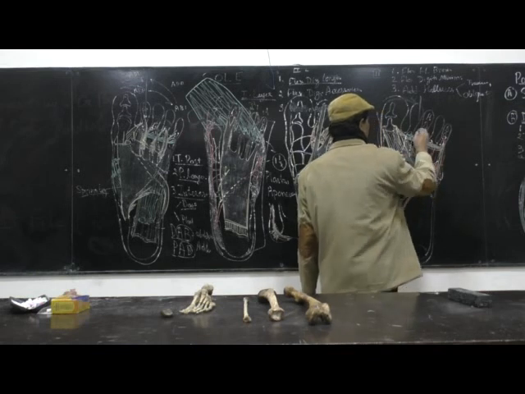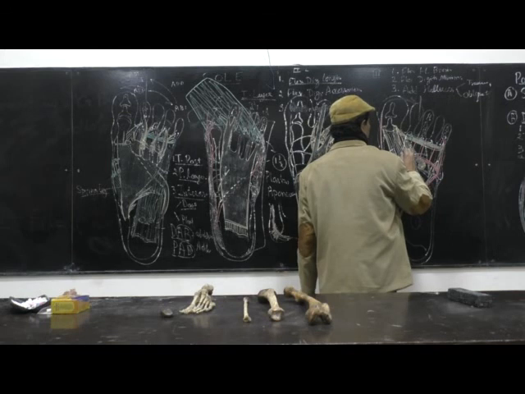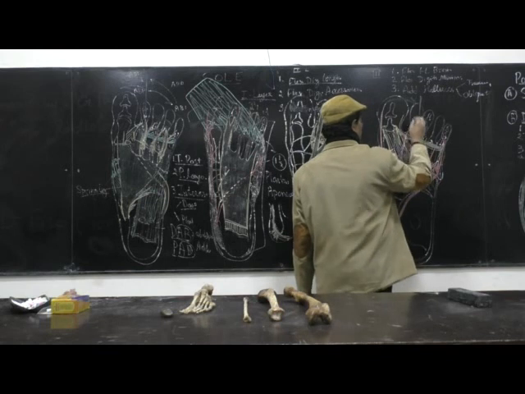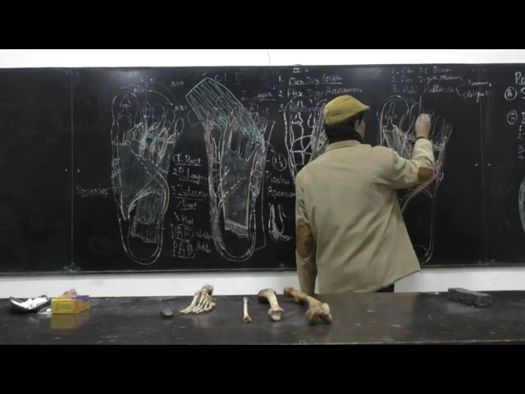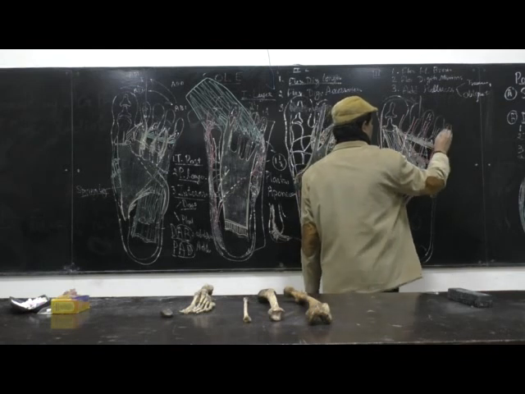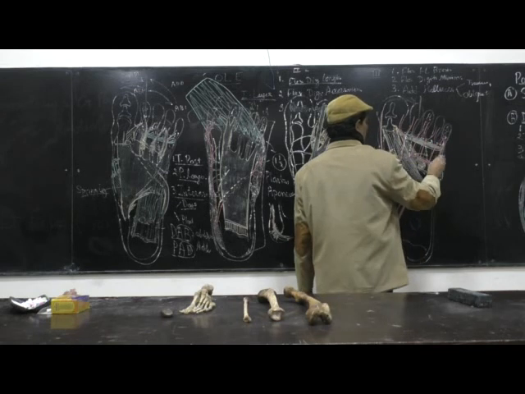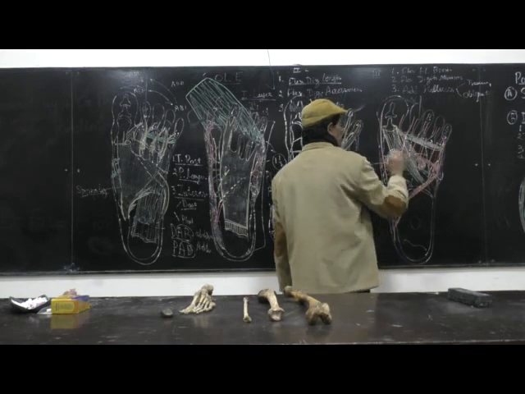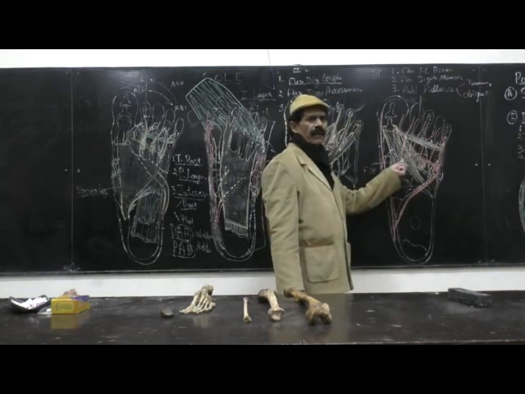The metatarsal branches are given by the plantar arch, and these metatarsal branches supply the digital branches, which supply the toes. So it has 4 metatarsal branches. The first metatarsal branch is given directly from the lateral plantar artery. Another 4 are given by the plantar arterial arch.